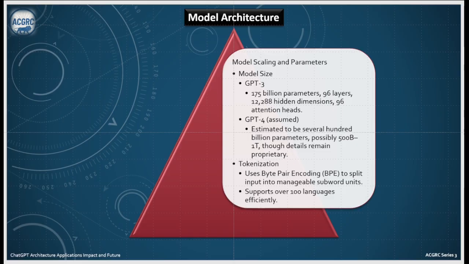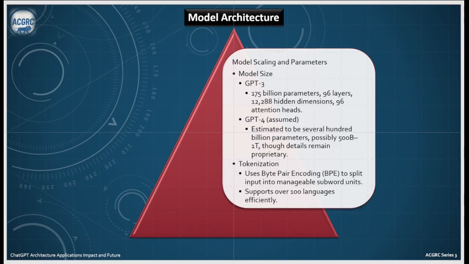To simplify the 96 layers and 12,288 hidden dimensions, I'll give you a quick analogy. Imagine each word is a traveler. The 96 layers are 96 stages of a complex journey. Each stage refines the traveler's knowledge.